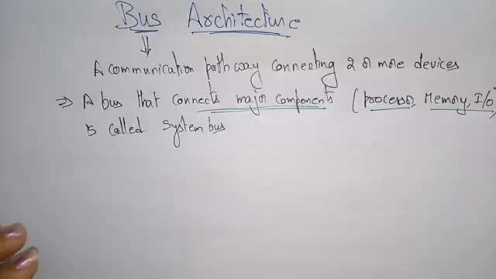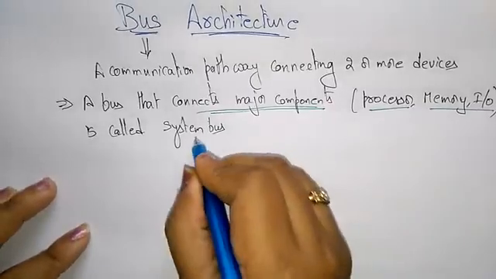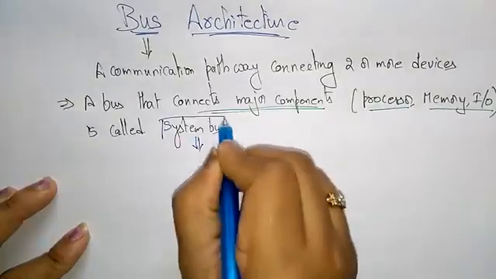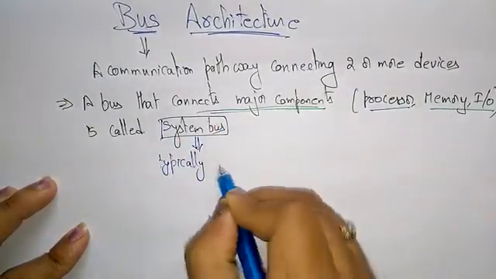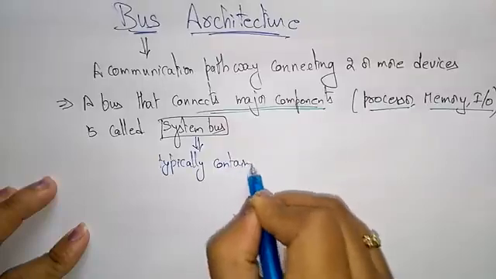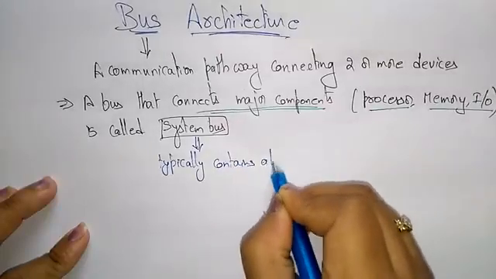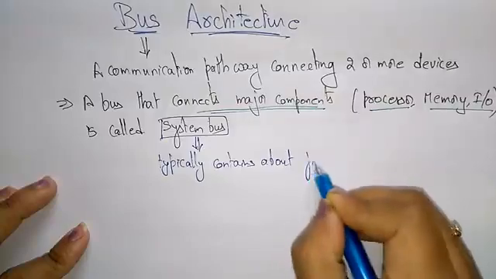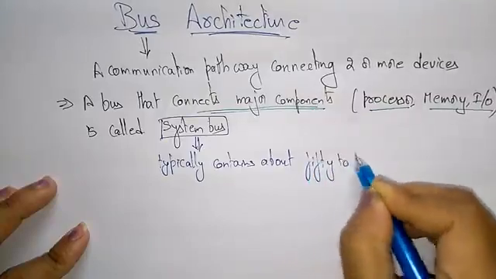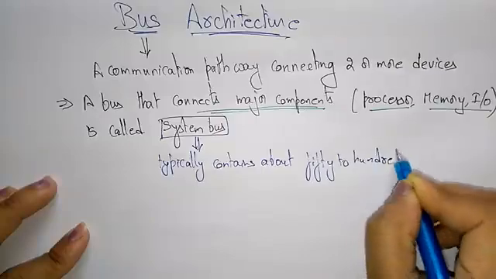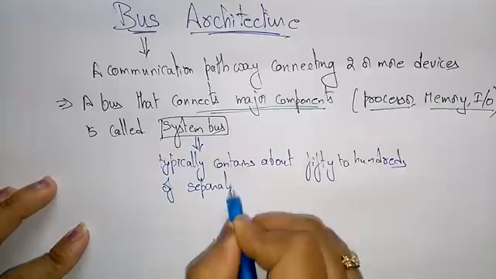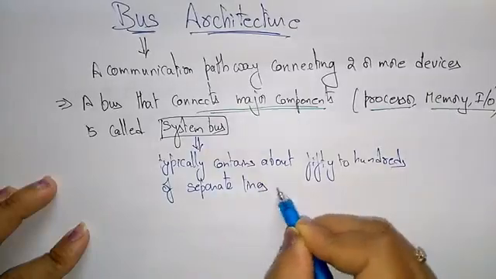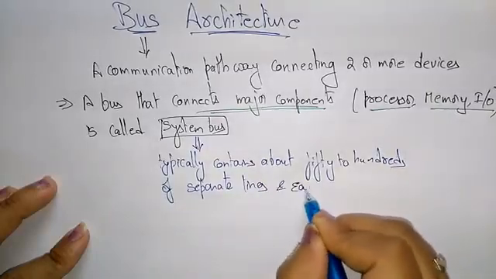The system bus typically contains about 50 to 100 separate lines, and each line is assigned some function.